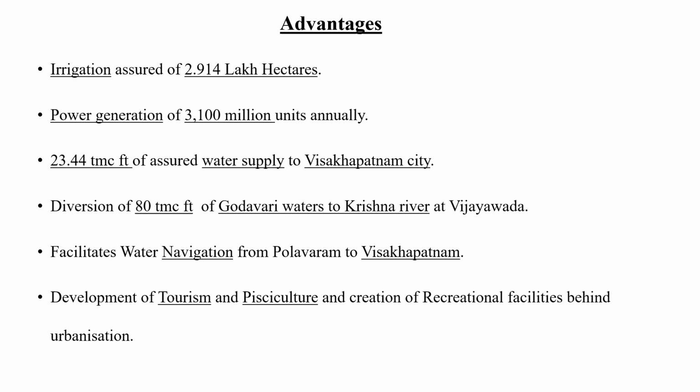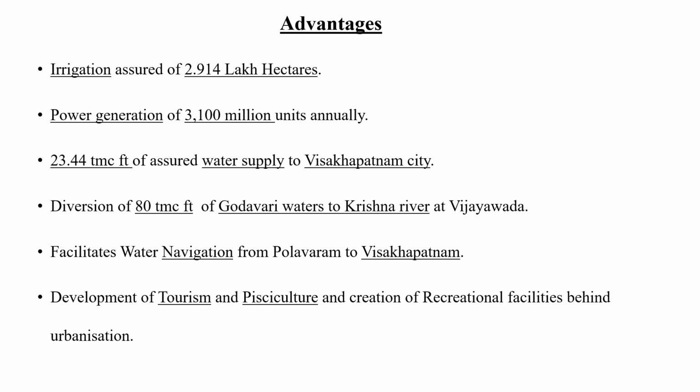Now, what are the advantages we will get after preparation of this dam, that is Polavaram Dam? Irrigation assured of 2.914 lakh hectares. Power generation of 3,100 million units annually. 23.44 thousand million cubic feet of assured water supply to Visakhapatnam city.